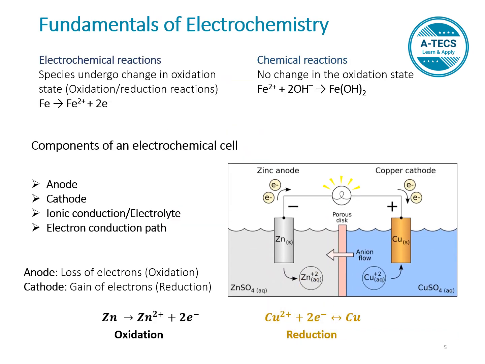Here I will be explaining the basics of electrochemistry. We can distinguish between electrochemical and chemical reactions by looking into the following examples. Let's first define electrochemical reactions. In electrochemical reactions, species undergo a change in oxidation state.